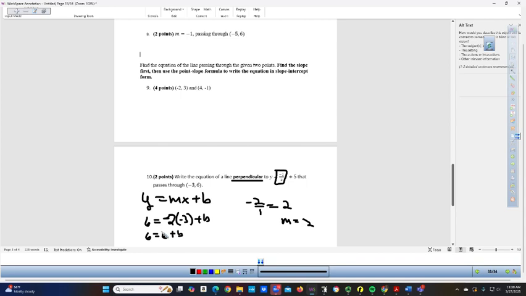Sorry, instead of being lazy, because that's +2 as my slope, if I add 6 to both sides, I'm going to get b equals 12. So my equation for a line that's perpendicular to y equals -1/2 x plus 5 is going to be y equals 2x plus 12, right?